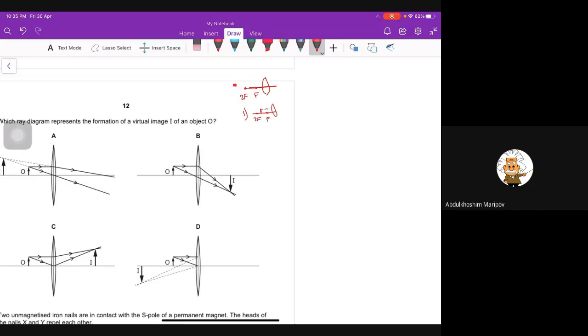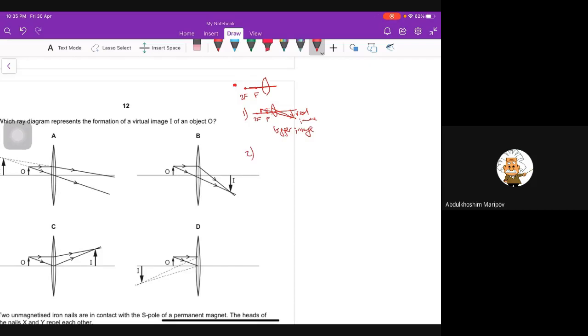Your image will be bigger. It's a real image, and a bigger image. So if it's between 2f and f, it will be a real image and a bigger image.